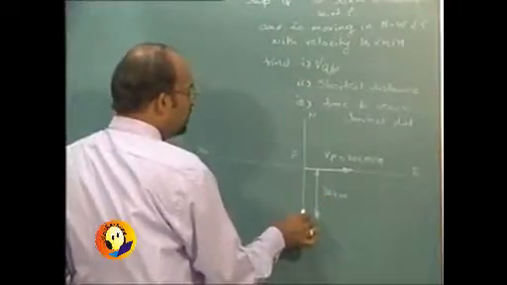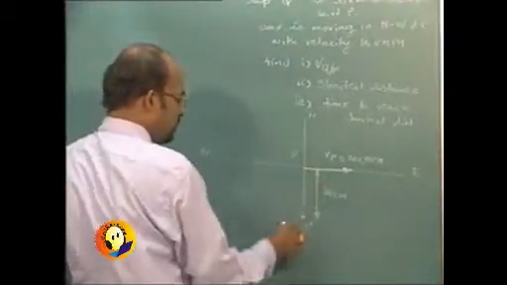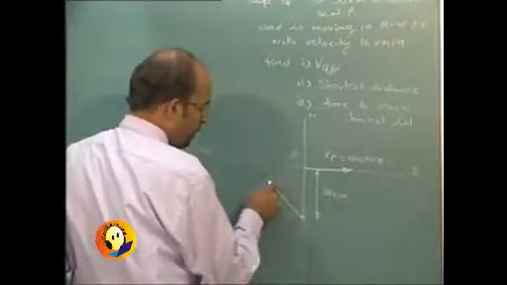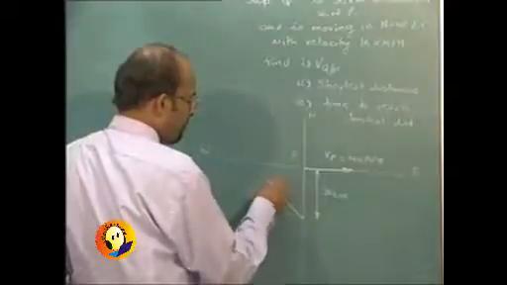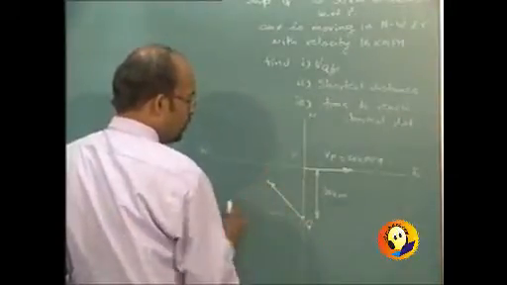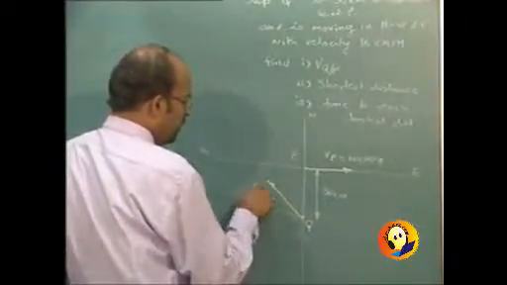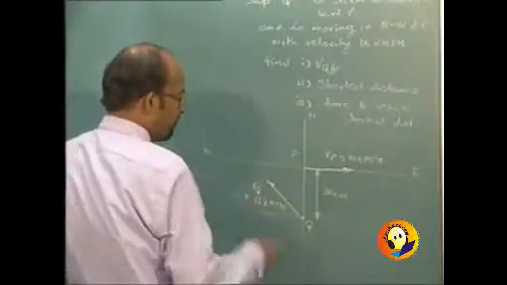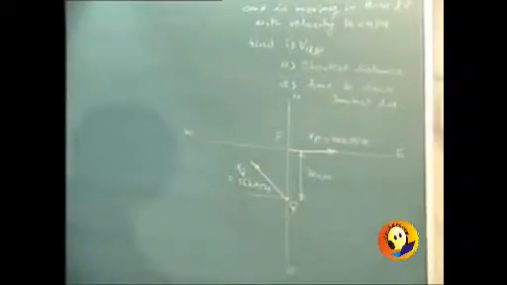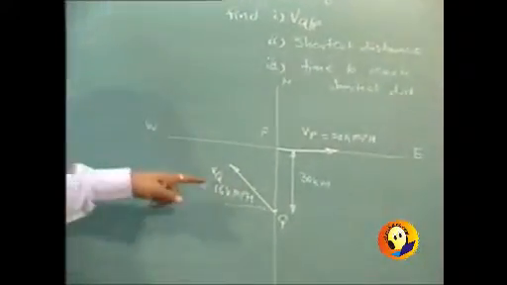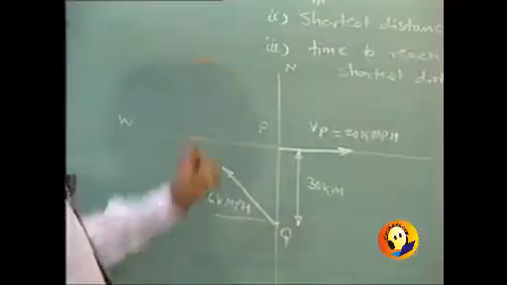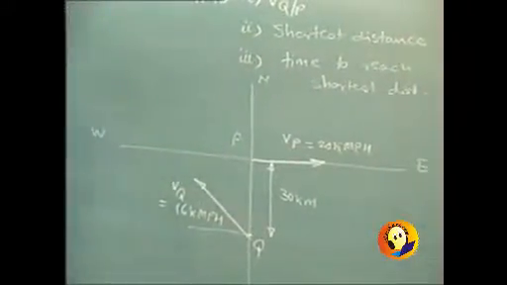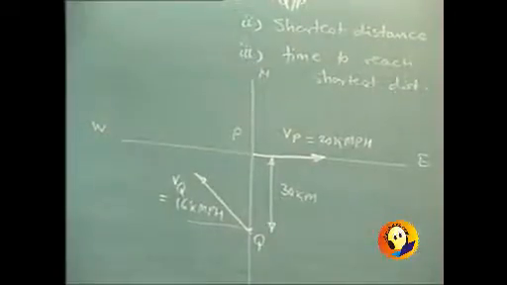And that Q is moving in northwest direction. So point Q, and velocity of Q is given to us as 16 kmph. The question is, find velocity of Q with respect to P. That can be very well found out. Okay, let us first of all find out the velocity of Q with respect to P.